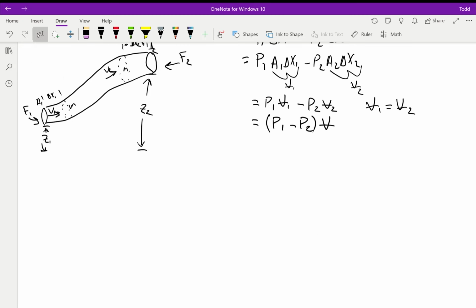Then work is equal to the change in kinetic energy plus the change in potential energy.